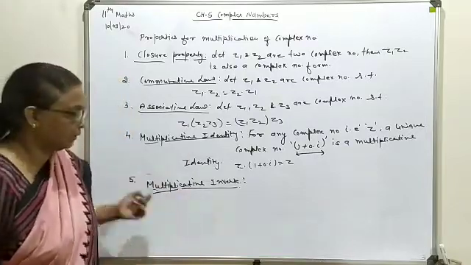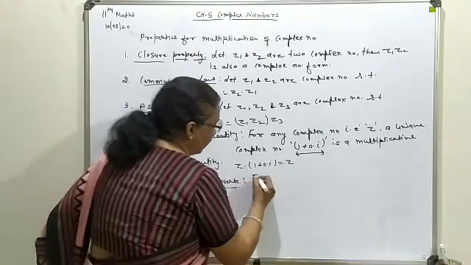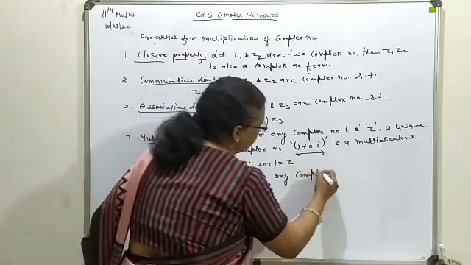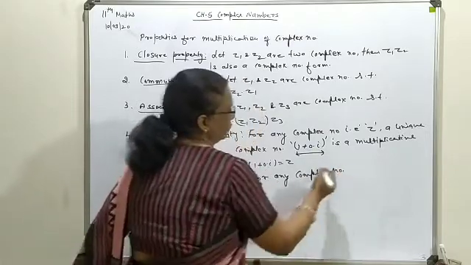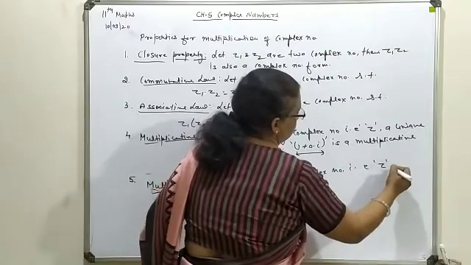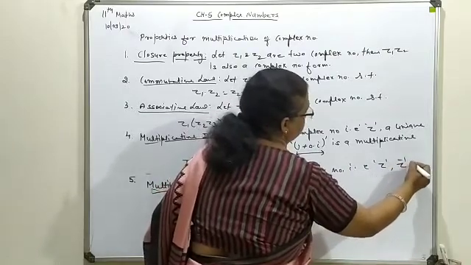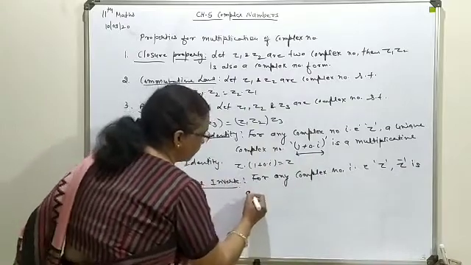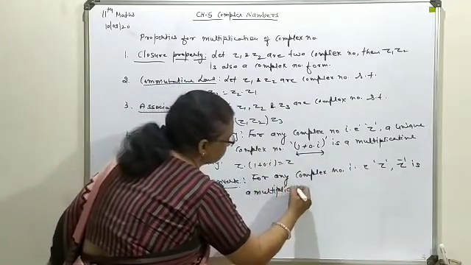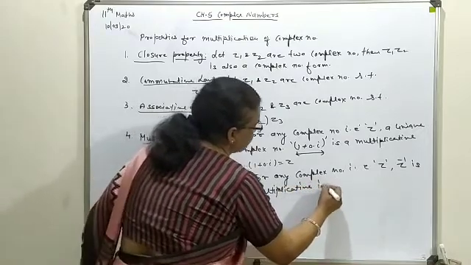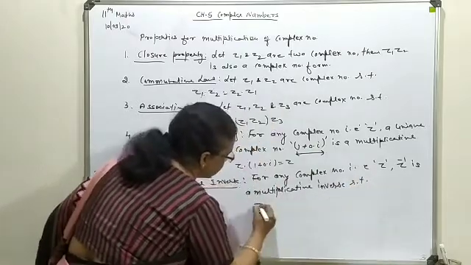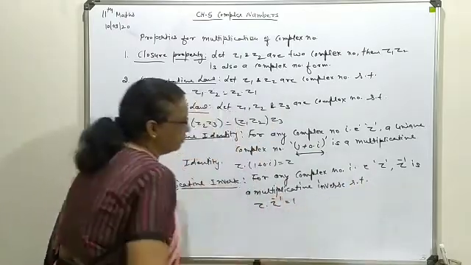So here in our case, for any complex number Z, Z inverse is the multiplicative inverse such that Z into Z inverse will give you 1.